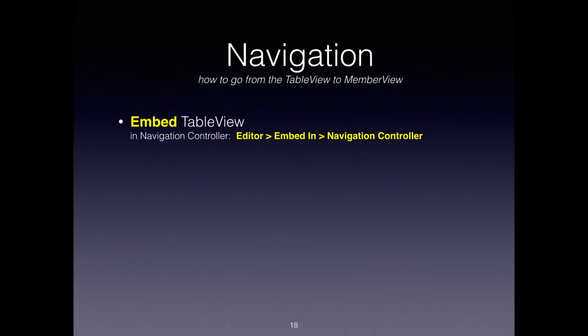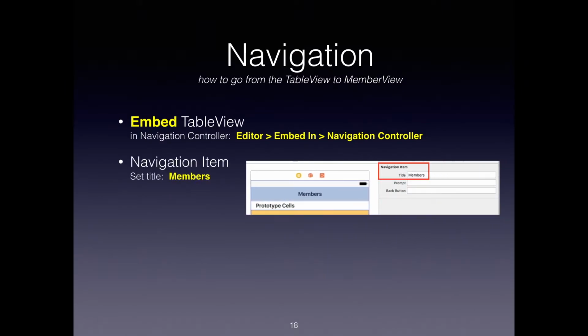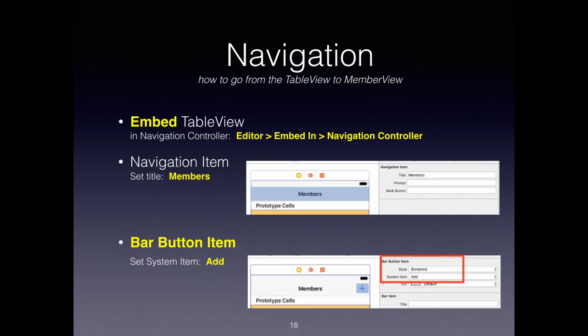First thing we're going to do next for navigation, we embedded the table view in the navigation controller. We've already done that. We can put a title in the navigation controller, and we're going to add a bar button in the navigation controller, and we'll set the system item as add.